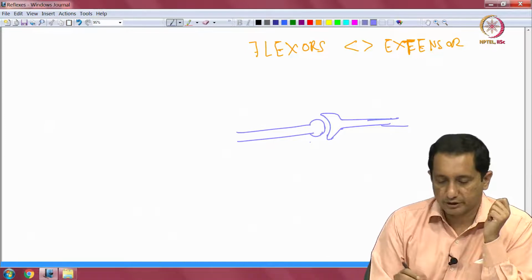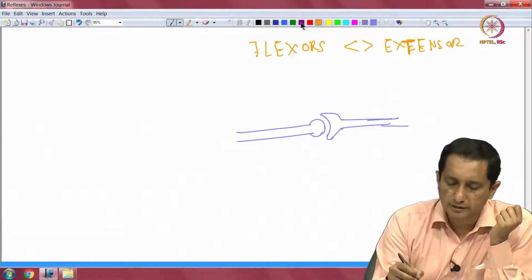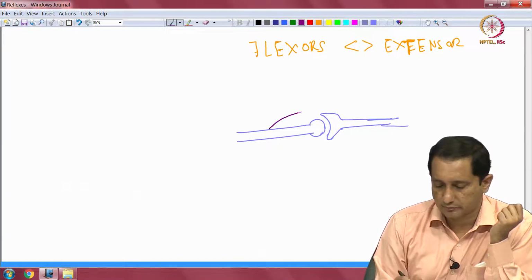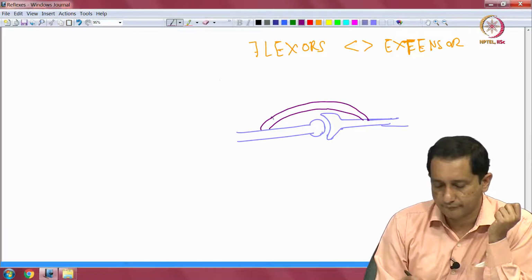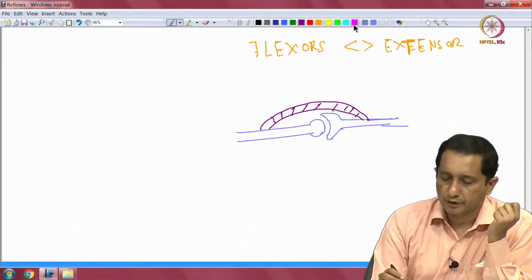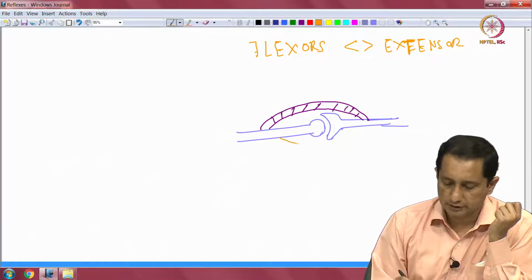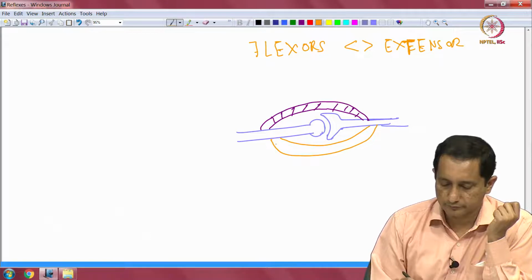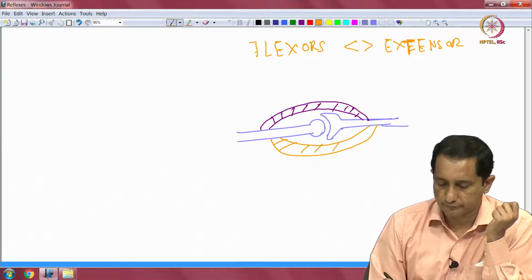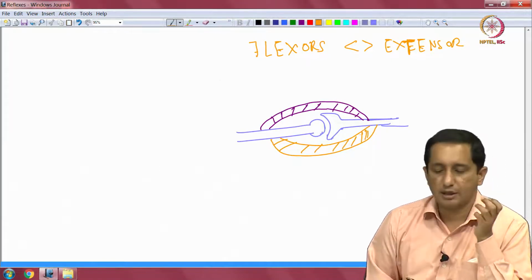Stability of the joint would require two kinds of muscle. One muscle can be across here and another muscle can be across here. Opposing sets of muscles.